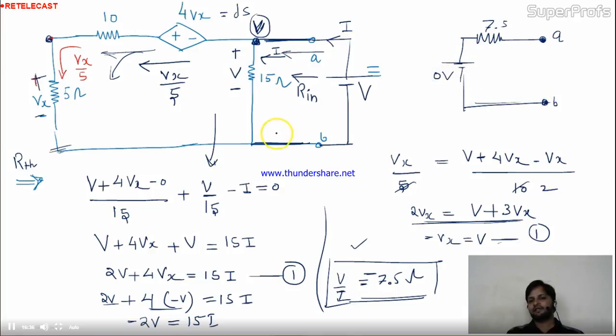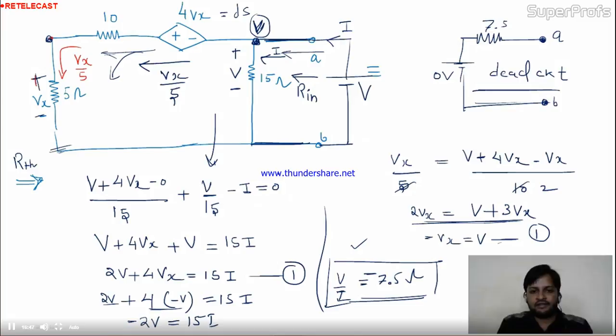This means this circuit is a dead circuit. Why dead circuit? Because there is no independent source. No independent source, no energy in the circuit. That's why the circuit is a dead circuit.